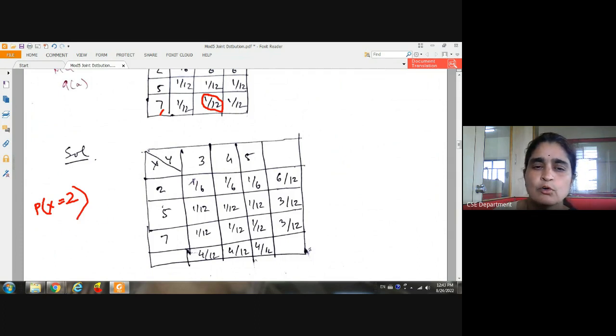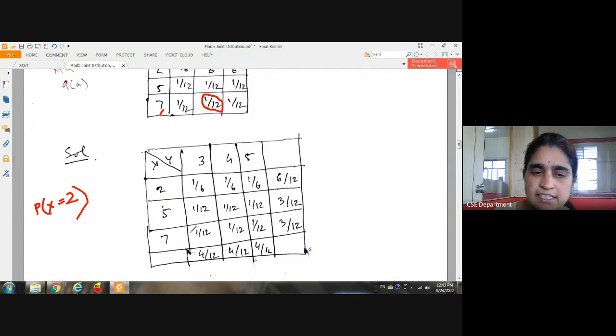The first outcome: x is equal to 2, y is equal to 3. Next outcome is x equal to 2, y equal to 4. Next outcome x equal to 2, y equal to 5. Next outcome x equal to 5, y equal to 3. Fifth outcome x equal to 5, y equal to 4. Sixth outcome x equal to 5, y equal to 5.